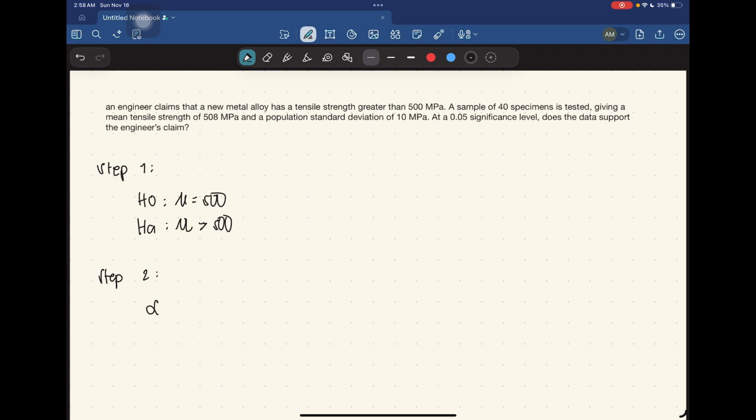Ang level of significance natin ay 0.05 and ang direction ng ating test is to the right. Kasi, ang pinoprove natin or ang need natin i-claim ay greater than the null hypothesis.